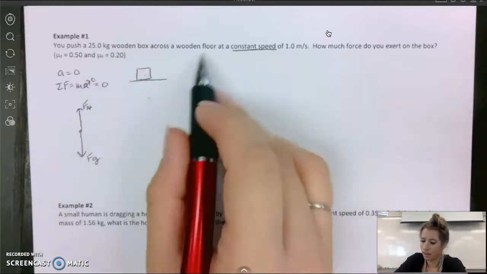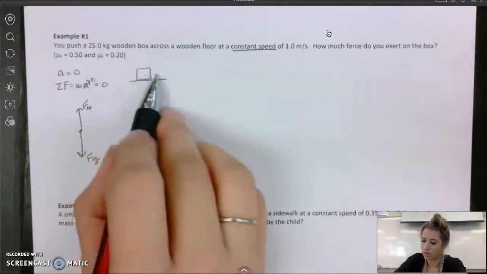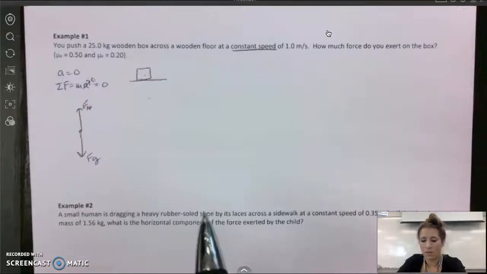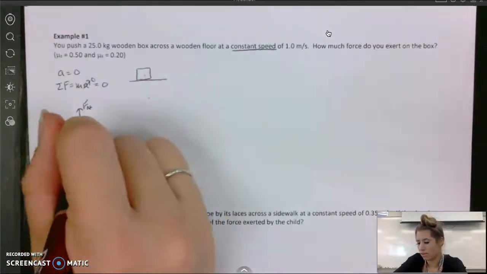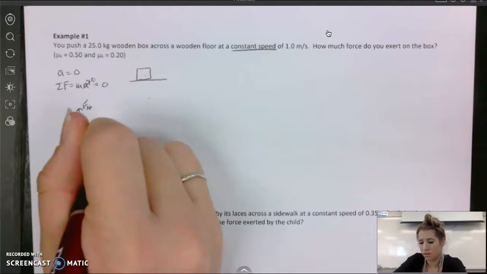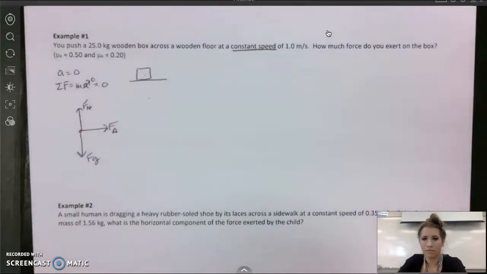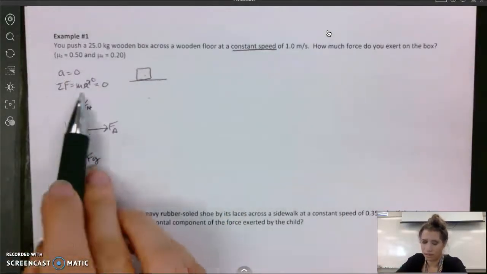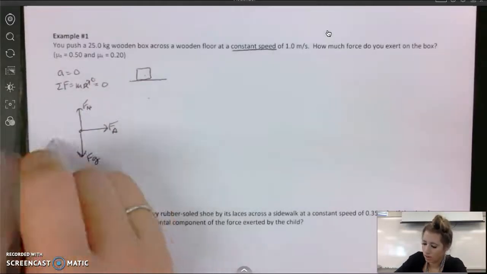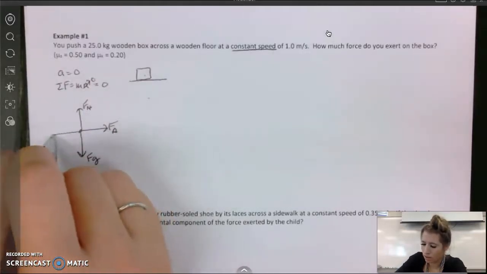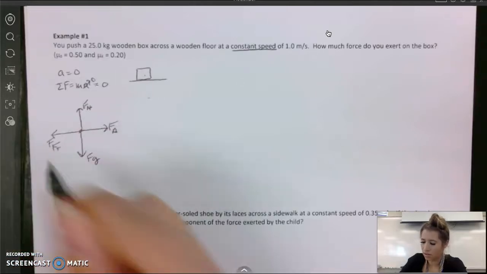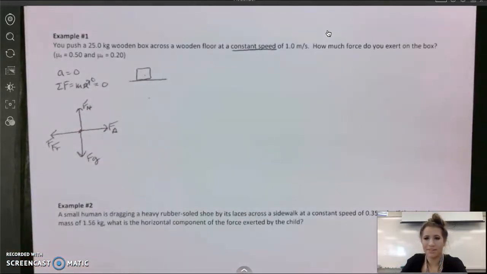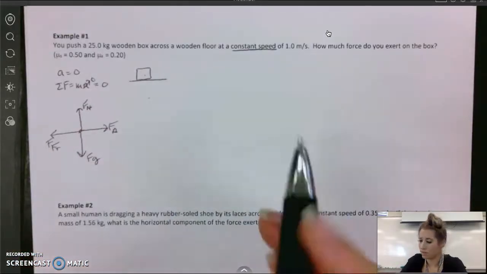And in the x direction, it's also constant as well. But we have some forces here. We are pushing the box, so we have some force applied. And then we know we have friction. If the sum of the forces is 0, then that frictional force must be equal and in the opposite direction of the applied force. How much force are you exerting on the box?